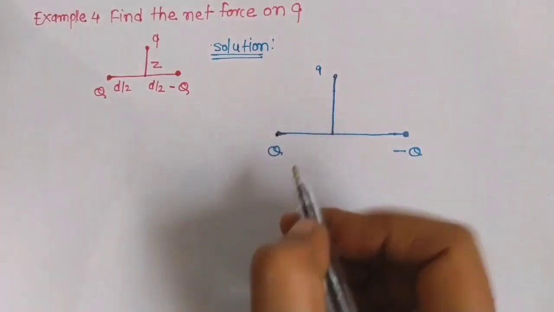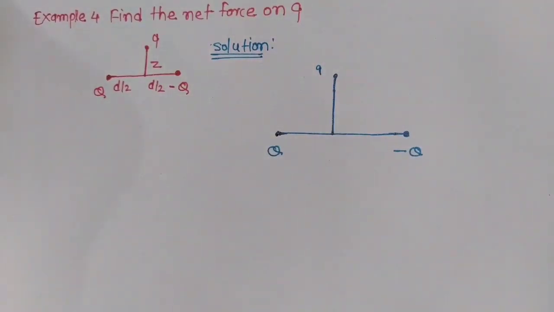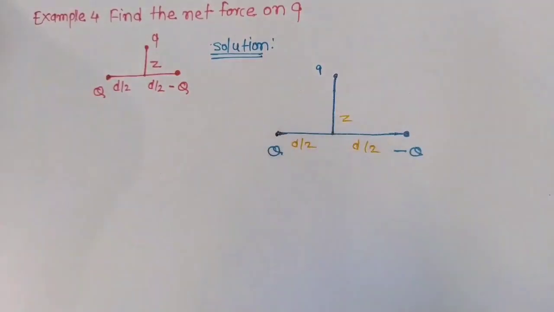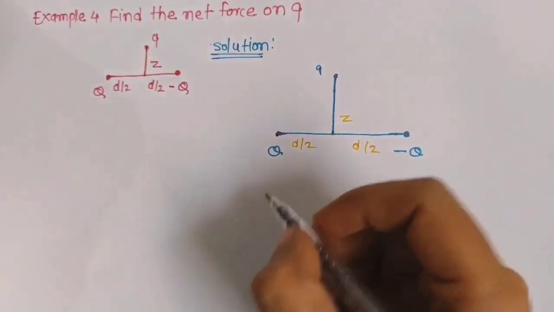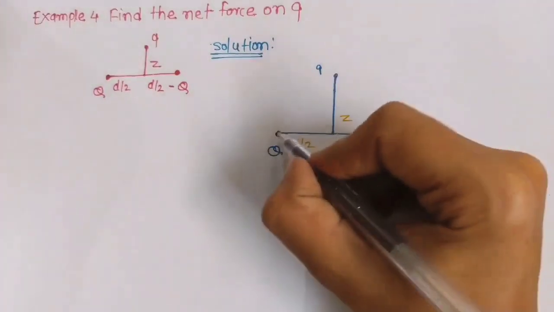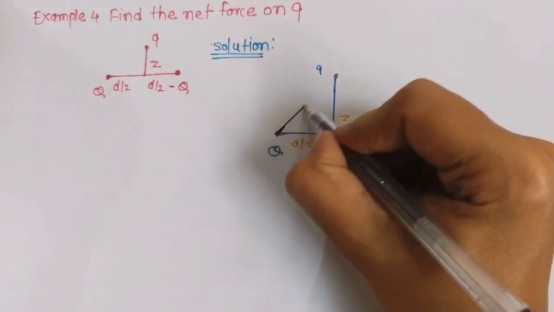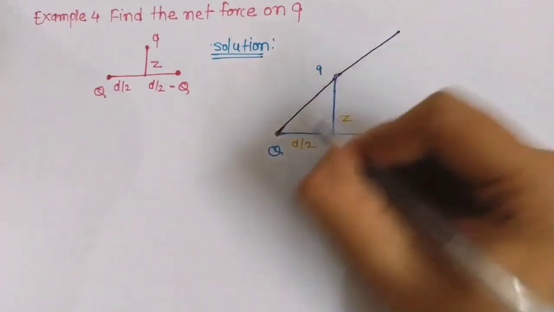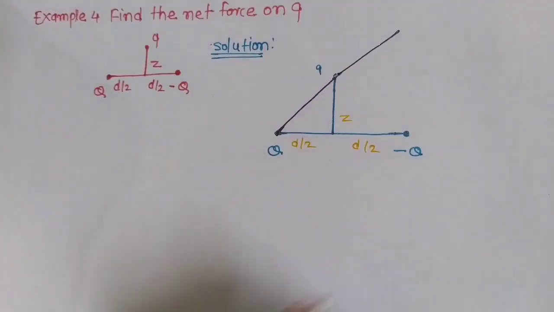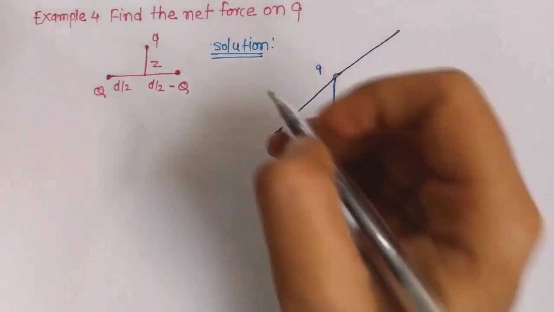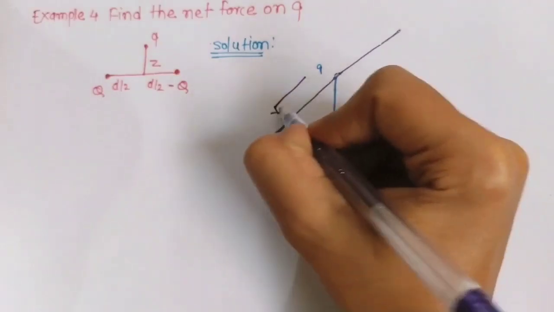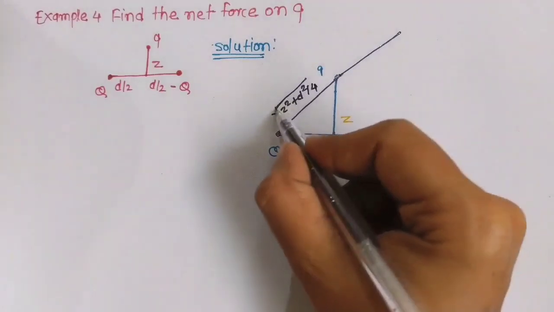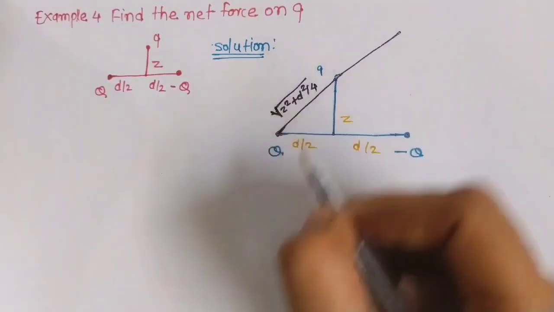We have to find the force on the charge q due to this charge Q. Both charges are the same, therefore they repel each other and the direction of the force is away from the charge. This is z square plus d square by 4, because this is d by 2 and this is z, according to the triangle law.